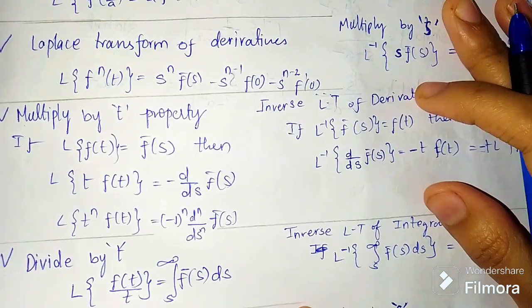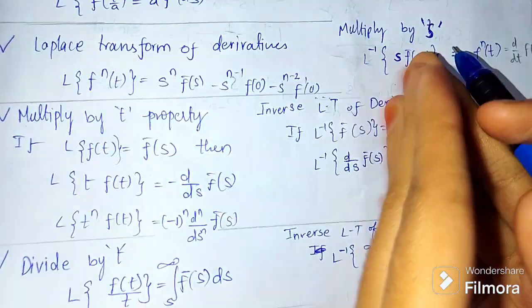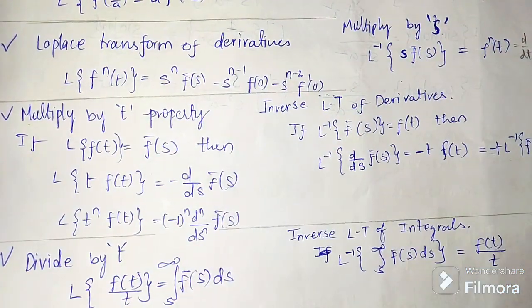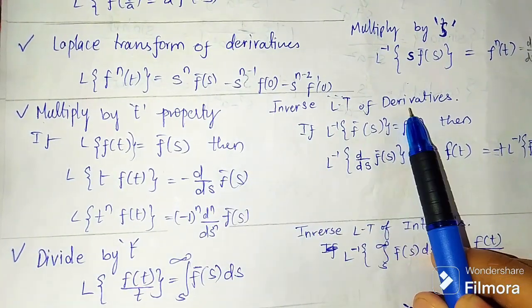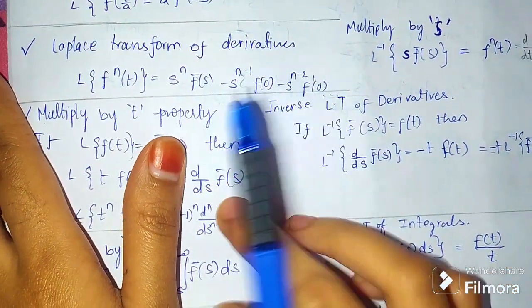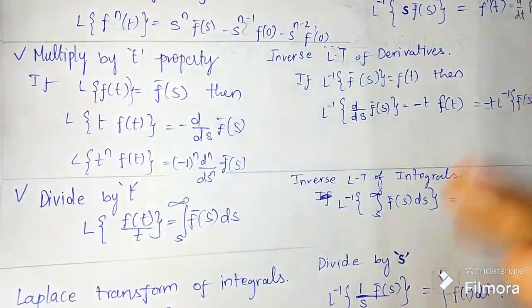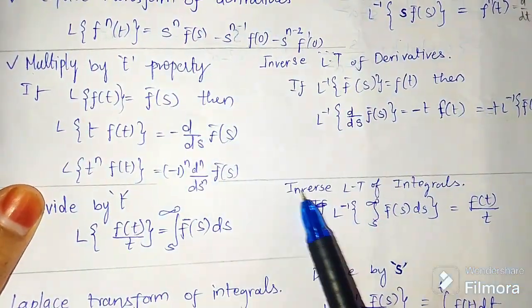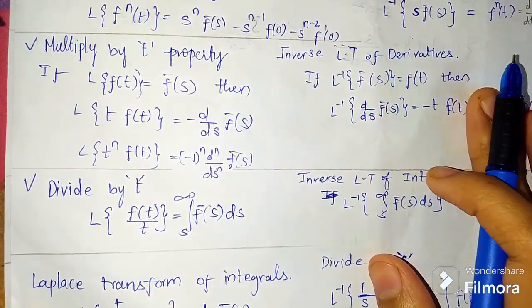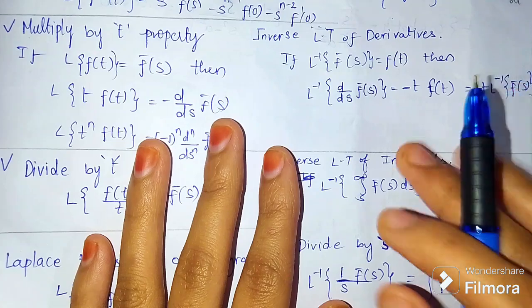So what I'm trying to say is, from this right hand side, we are getting new properties in the inverse topic. Did you understand? Inverse Laplace transform of derivatives. From this, I have the derivative with respect to s. So from this, everything is completed. Inverse Laplace transform of integrals is not done. That means I should have integration on LHS.